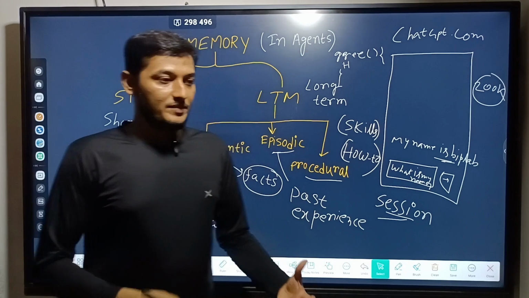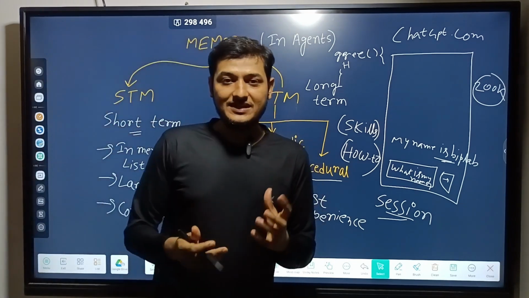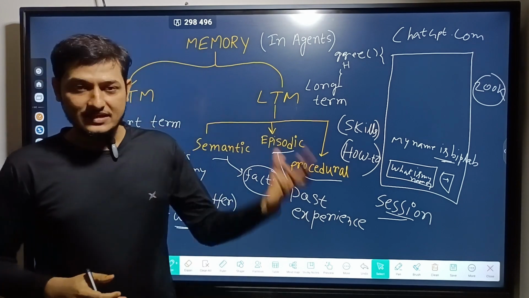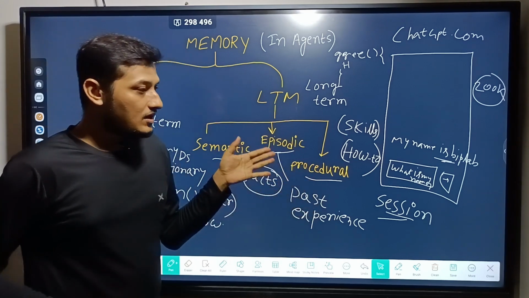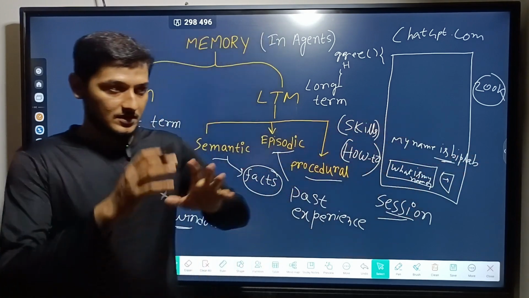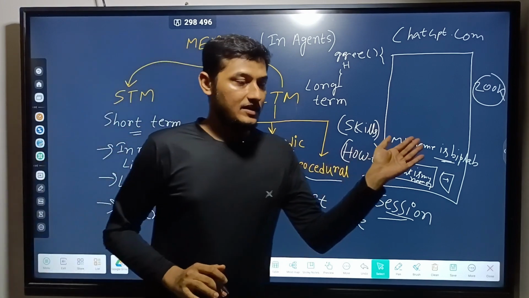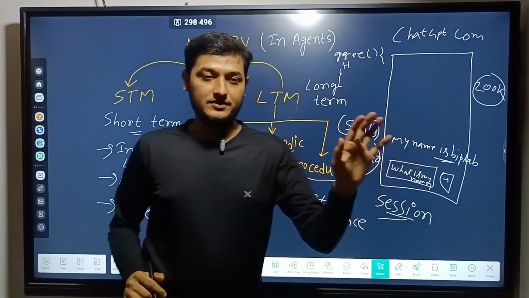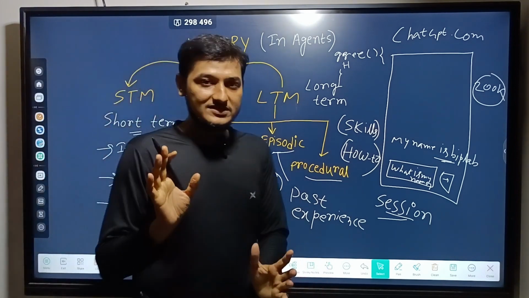If you practice one thing more times, then you will be efficient at that thing. The same here: if you continuously take right and left turns, then after some time you will remember that you know how to take a left turn and a right turn, and this is called procedural. There are several examples, and I have taken one example.